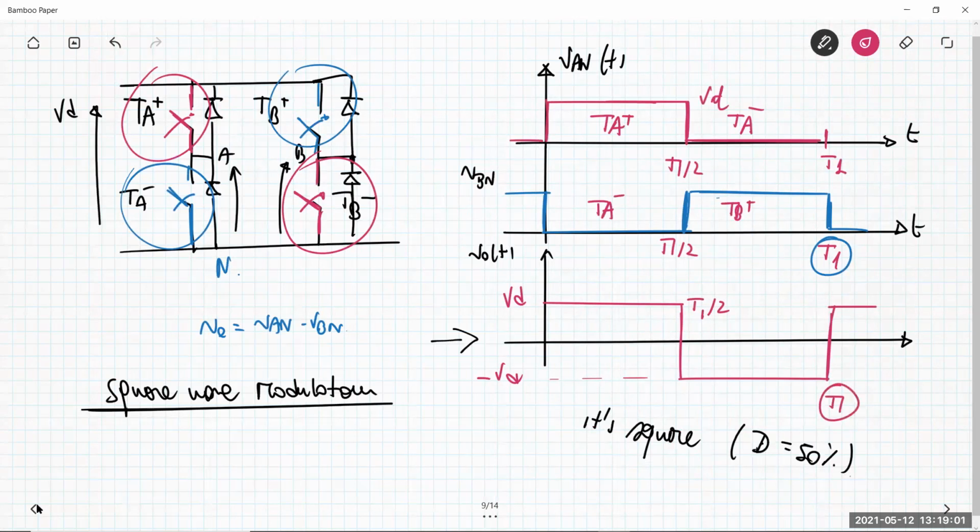Basically, after the period, the red transistors are on, and then they simultaneously switch off, and TA plus, TA minus and TB plus become on. So there is basically just one switch action during this period T1. So in terms of power dissipated by switching activity of the transistor, this solution gives the least amount of power dissipated during the switching activity of the MOSFET.